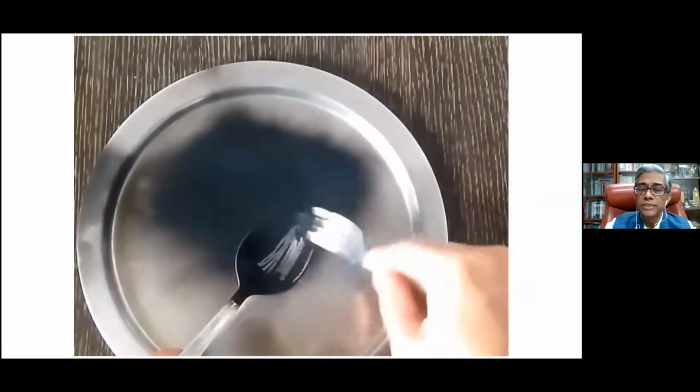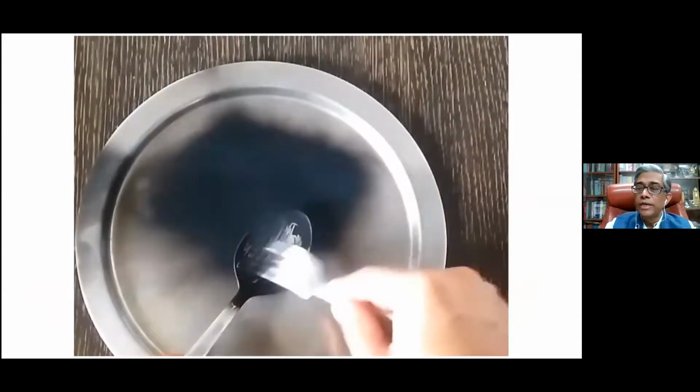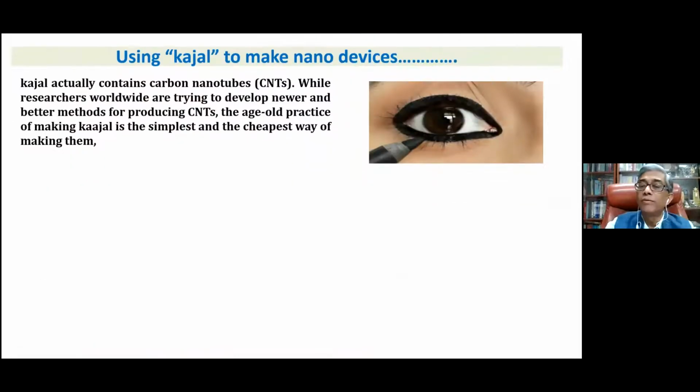So you see these nanoparticles that we used to develop by ourselves at home. It was a kind of homegrown technology. Lots of studies have shown that it contains carbon nanotubes, and that's what they were using in other countries also, in our old age practice.